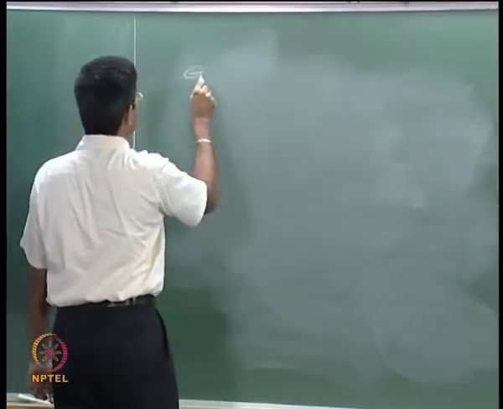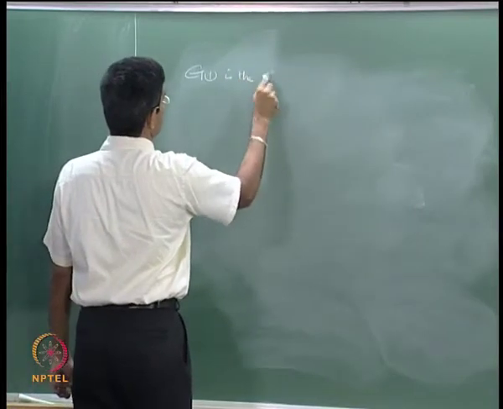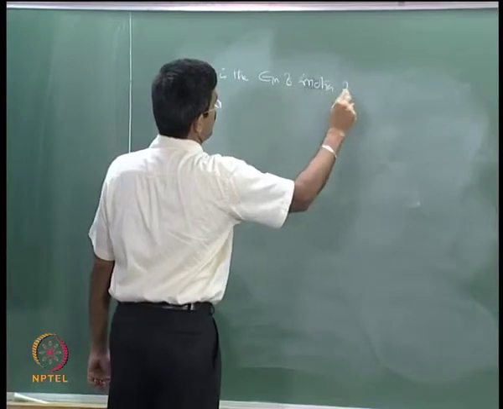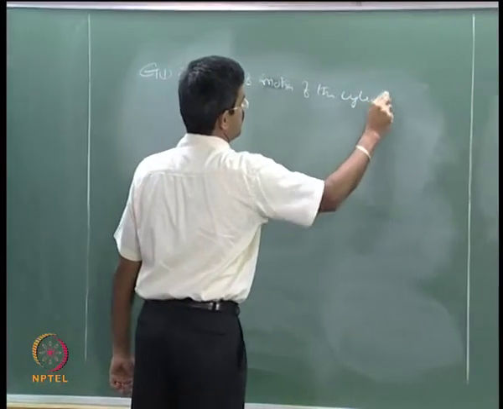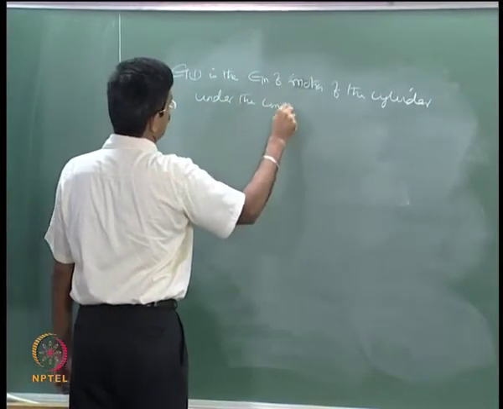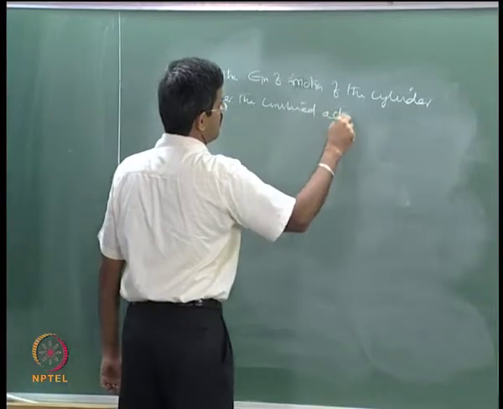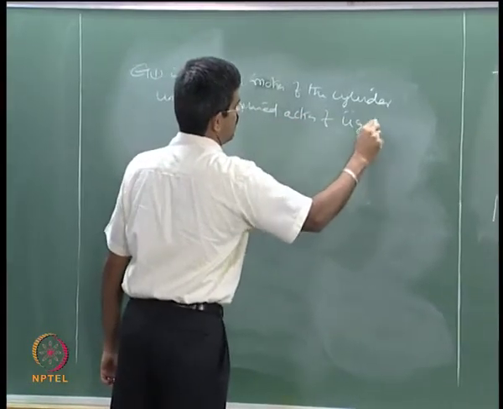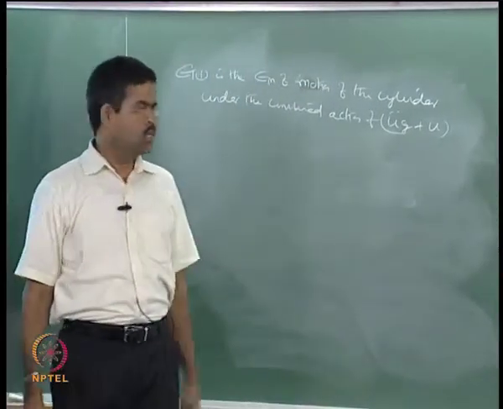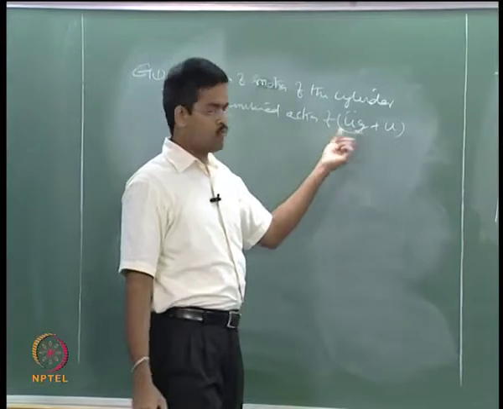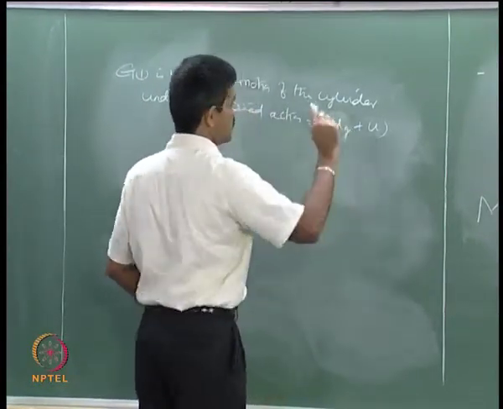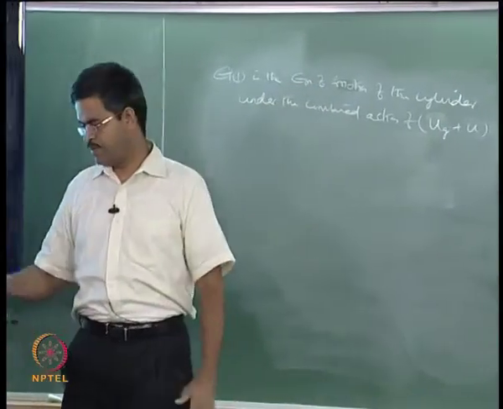So, equation 1 is the equation of motion of the cylinder under the combined action of u double dot g plus u, that is u is because of displacement by the lateral force and u double dot g is the acceleration, or simply you can say ug, displacement because of the seabed movement.